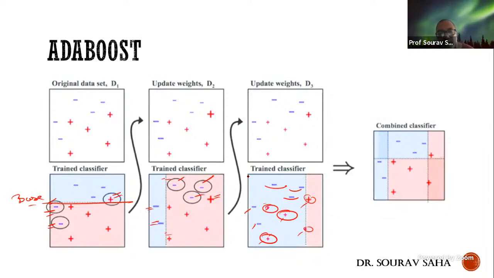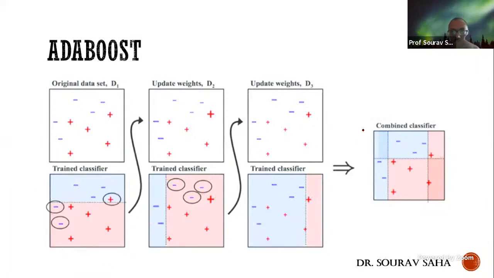So this model is adapting and boosting the performance. And finally, this is probably the classifier which I get by combining all the weak learners. I'll illustrate how this combination happens.